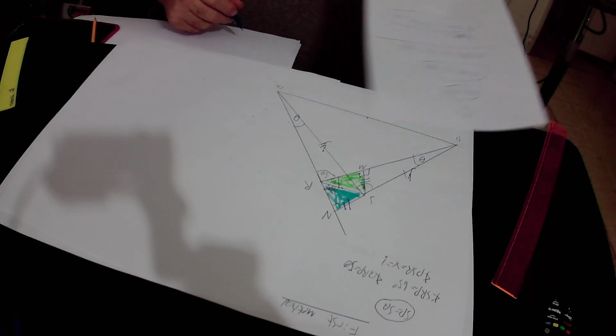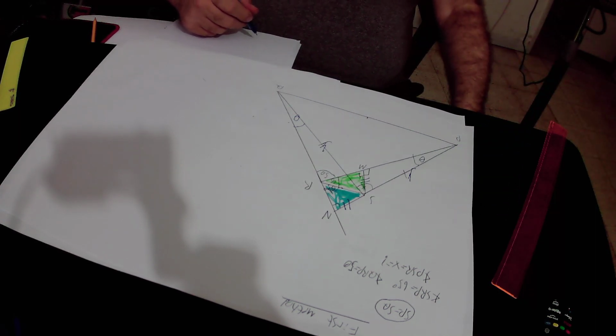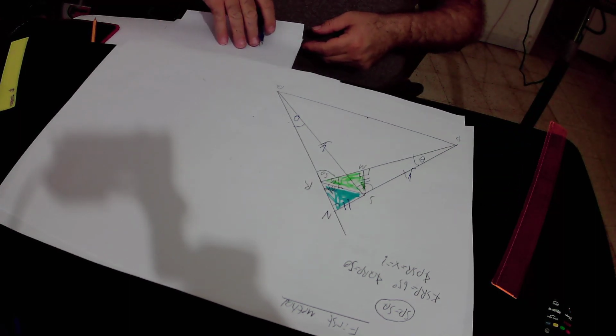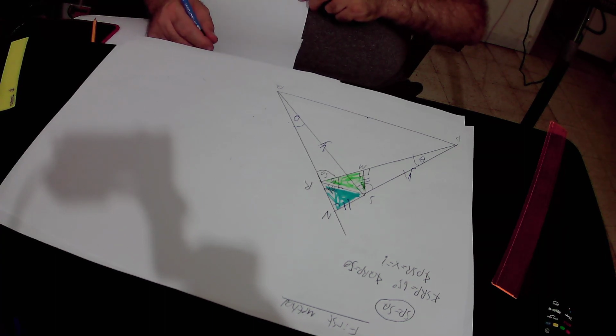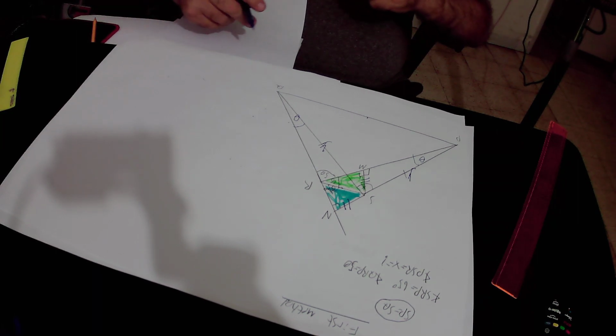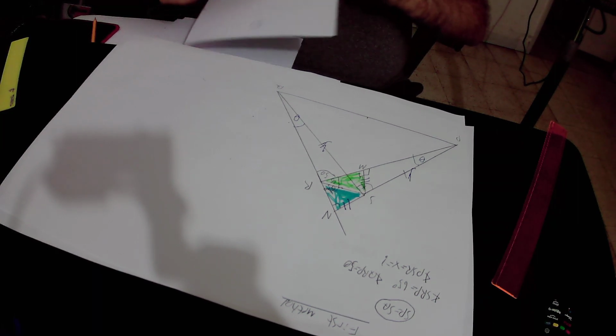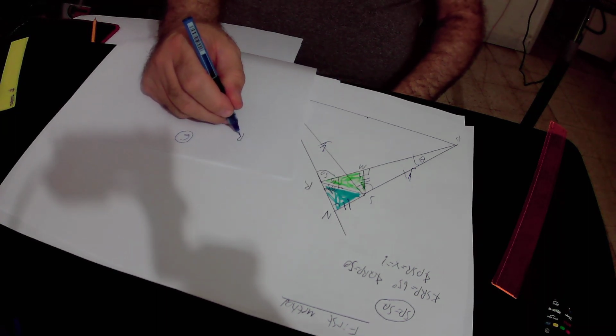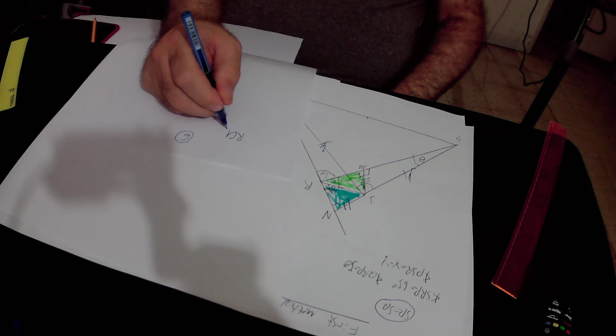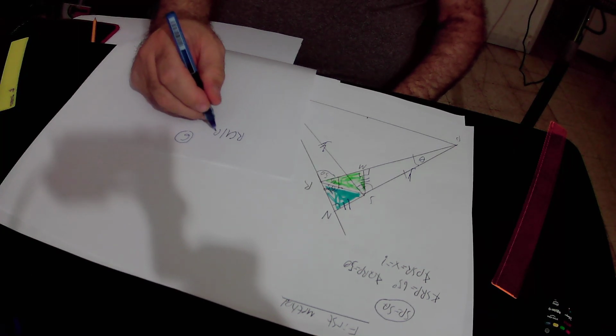In the next step, I will present to you a new rule, and we will implement that new rule in our drawing. So it will be rule number 2.